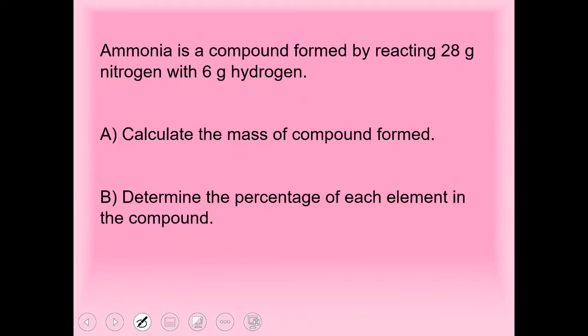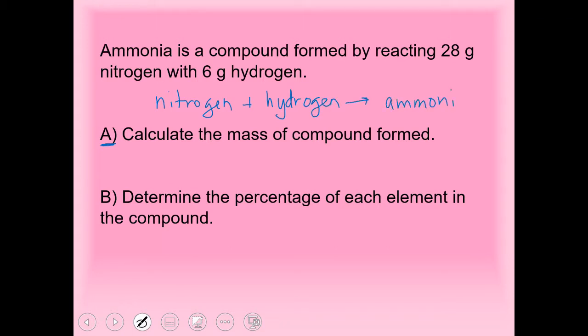Applying a little bit of math to this, we're first going to start out with the law of conservation of matter when we look at this problem and answer how much compound is formed. We know from our previous work, reading this, it looks like the nitrogen reacts with the hydrogen to make ammonia.